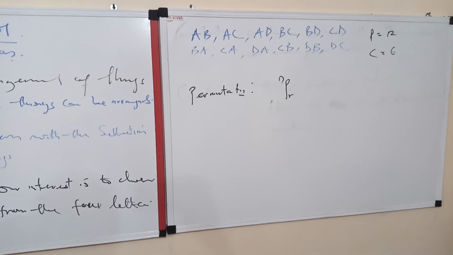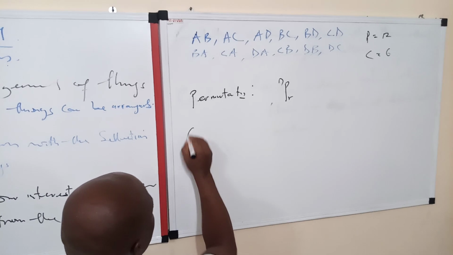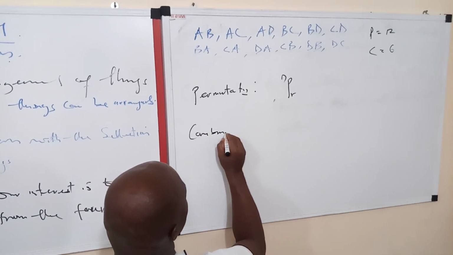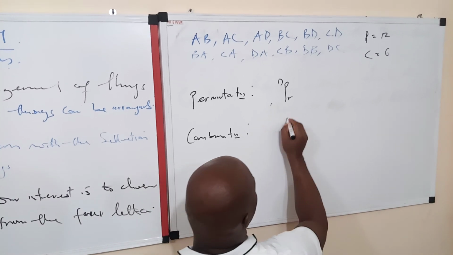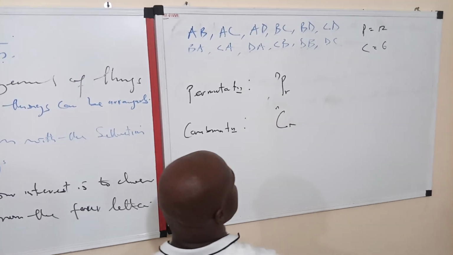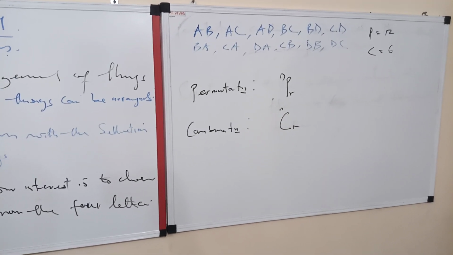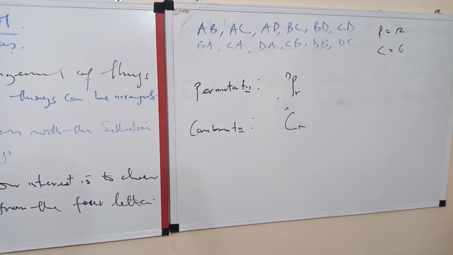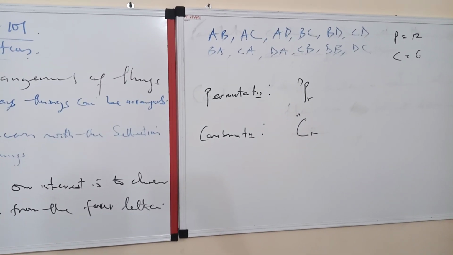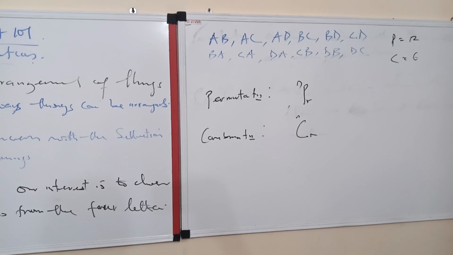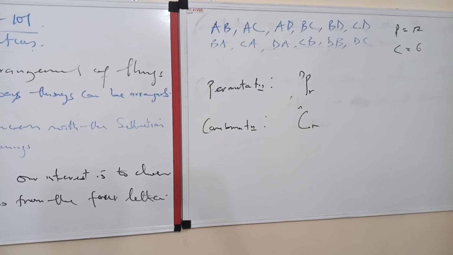Whereas for combination, we have nCr, which is also the same, where n is the number of items to be considered, whereas r is the number in which the items will be combined.